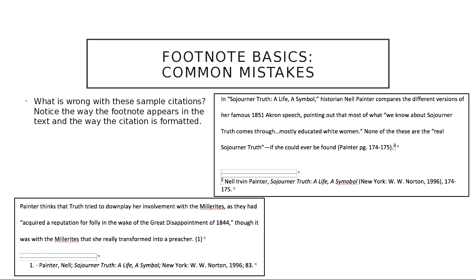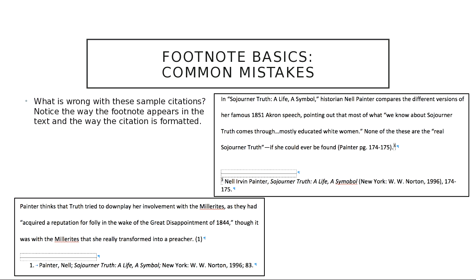Yep. So this corresponds. The author's name needs to be rearranged, yes? Yeah. So the whole style of this citation is incorrect. We have here a last name before first name.